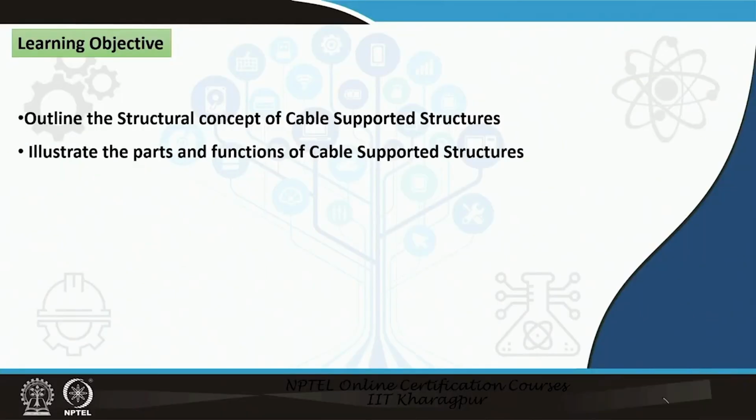The learning objectives of this lecture 31 are to outline the structural concept of the cable, particularly in the domain of the cable supported structure, and to illustrate the parts and functions of the cable supported structure.